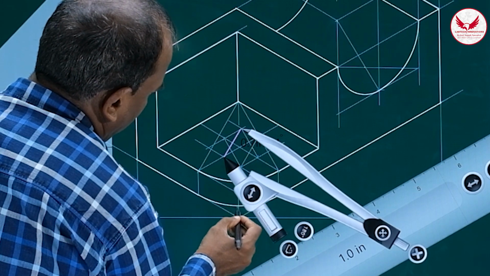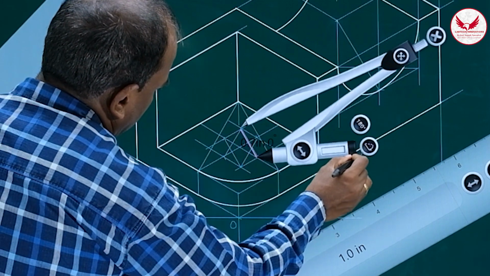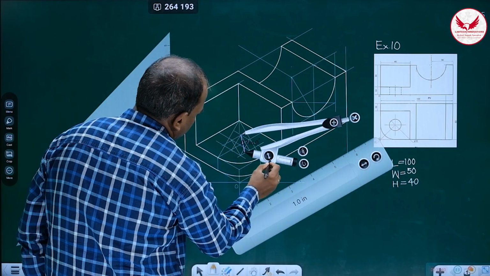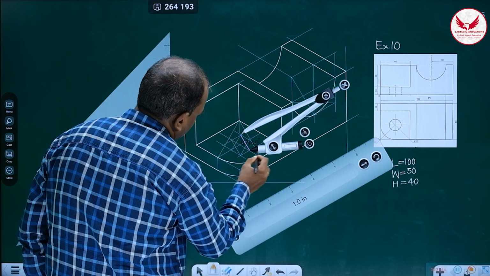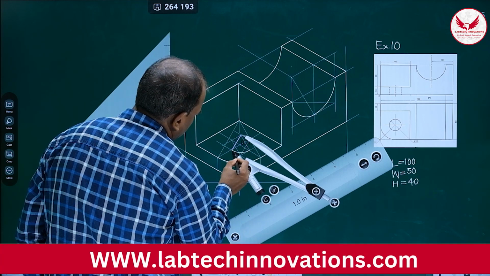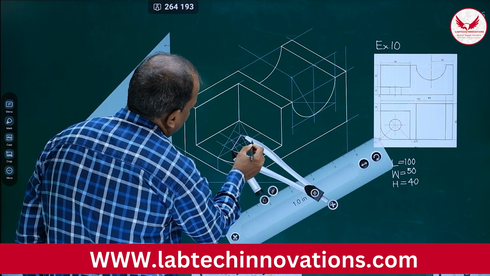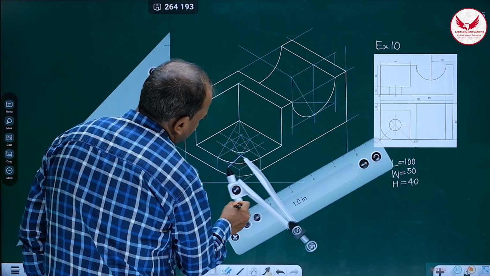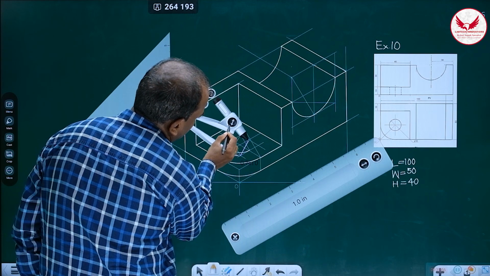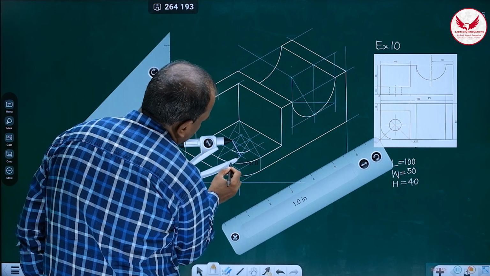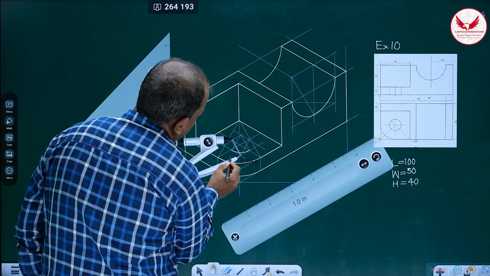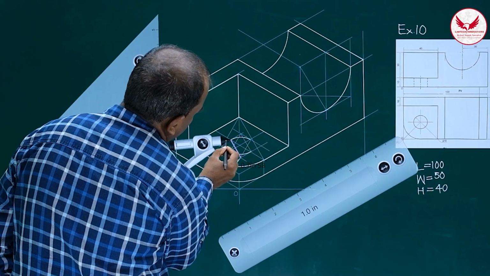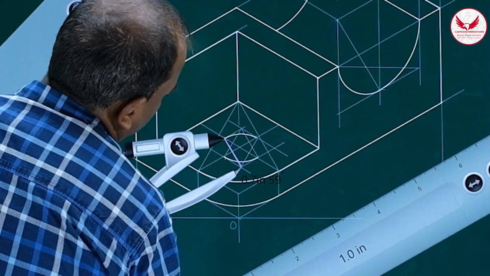Center to the midpoint of the opposite side. Just once you will have to check. It's perfect. Midpoint to midpoint. Then shift the center to this place. Then again with the same radius, mark this arc.